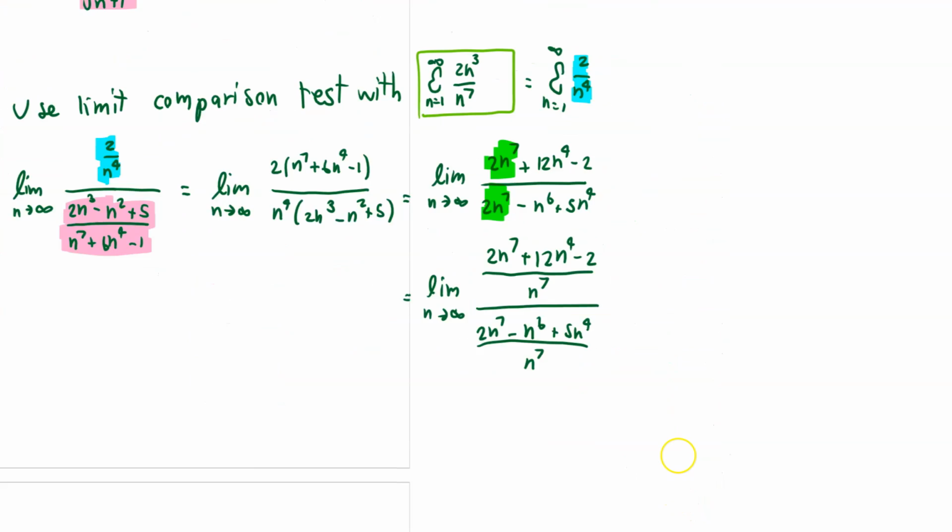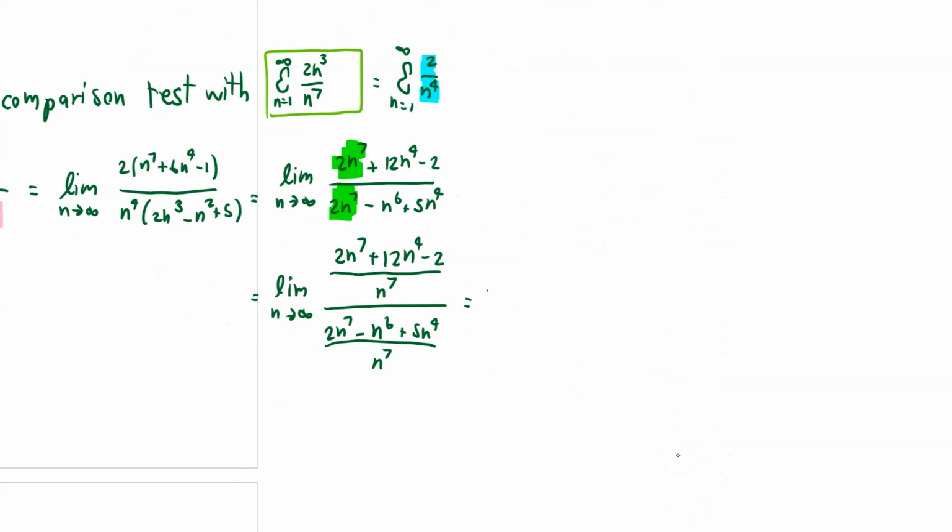And it turns out that this limit is going to just equal the limit when n goes to infinity of 2 plus 12 over n cubed minus 2 over n to the 7, this whole thing over 2 minus 1 over n plus 5 over n cubed.